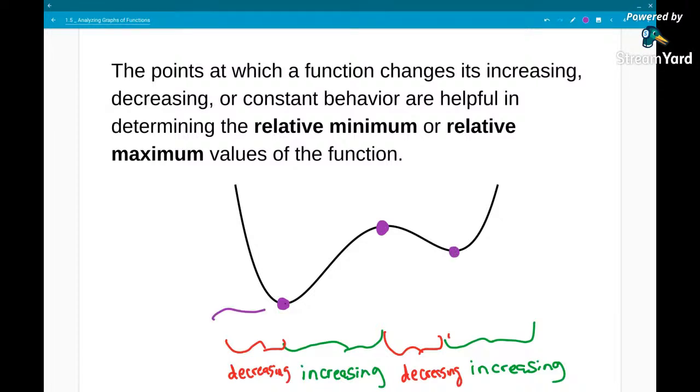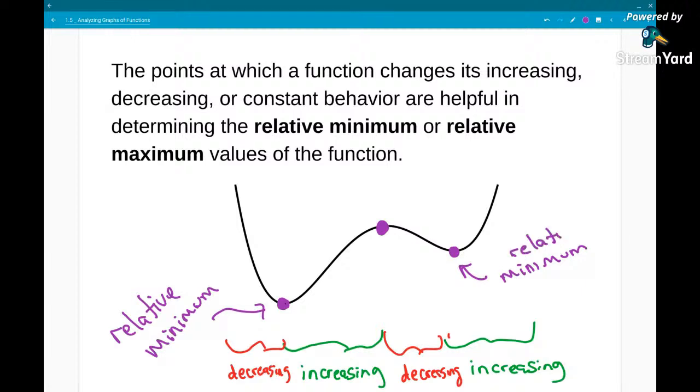We call this point right here a relative minimum, as well as this point right here. Min. Right here, we have a relative maximum.